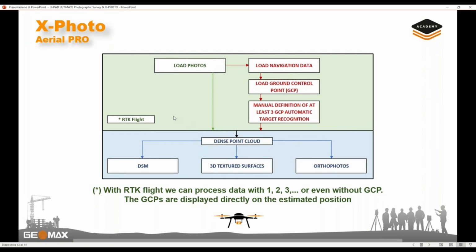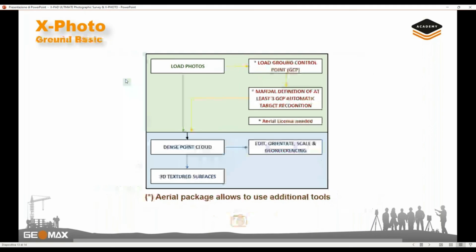Instead, if you are using an RTK flight, an RTK drone, we can move directly from load photos to the output. And of course, the report from the Xphoto module can be created only with the Aerial Pro license. The Ground Basic is different. We have some limitations, the ones that we already saw before: 75 images at 50 meters and only three reference points, from the output menu.